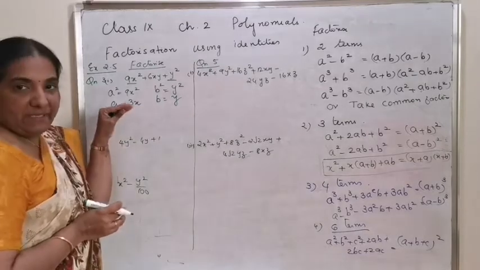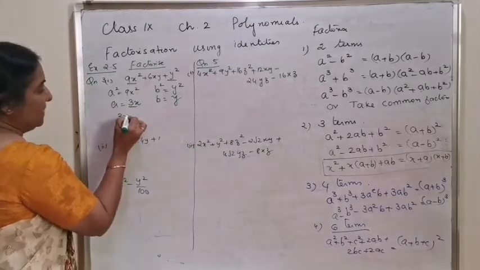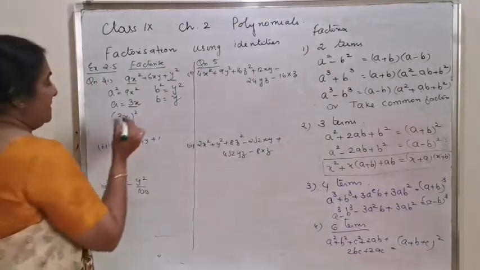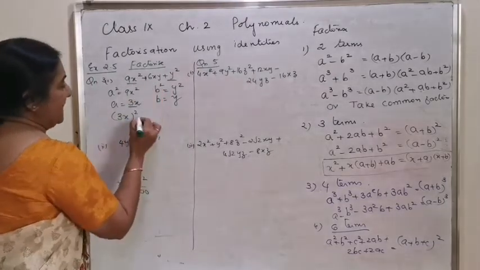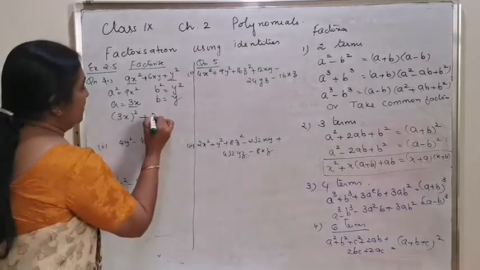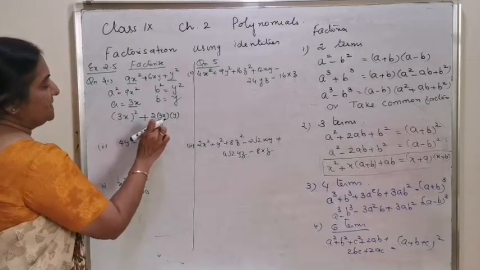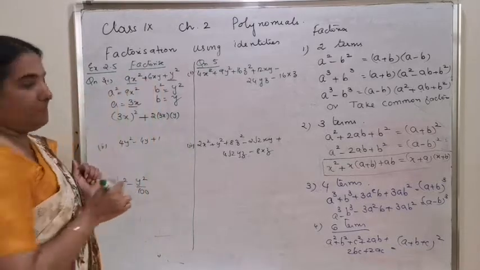How do you arrange? The middle sign is positive. 2ab, that is 2 into 3x into y. So 2 threes are 6, 6xy is corresponding.